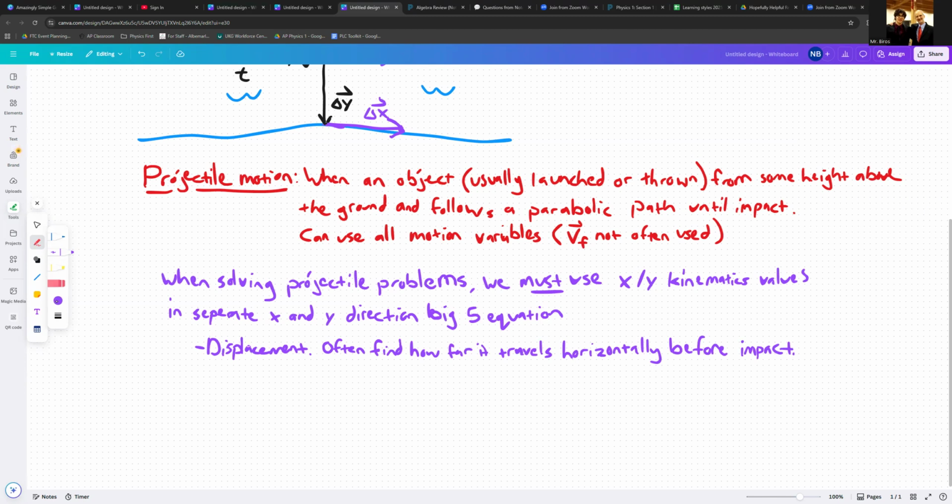Now, vertical displacement is also a big one because vertical displacement helps us find a specific location called the apex. The vertical displacement is related to the apex, which is the highest point the object reaches.